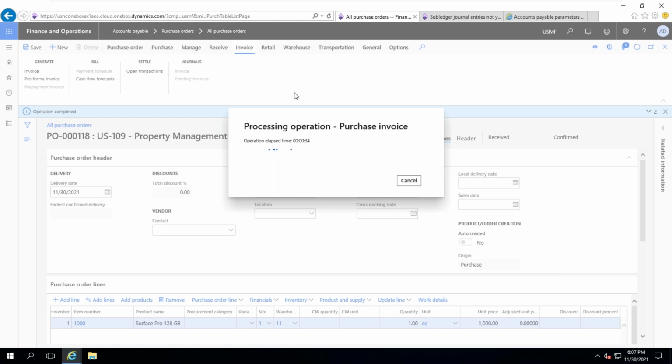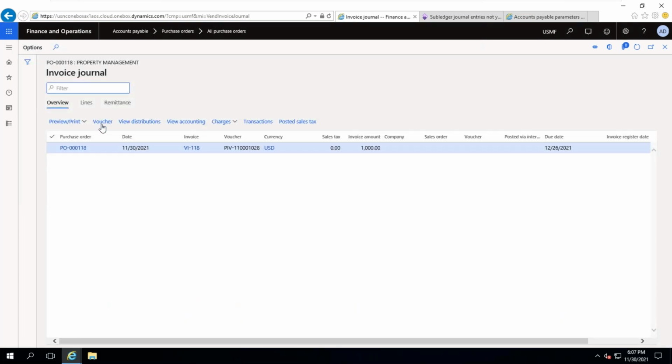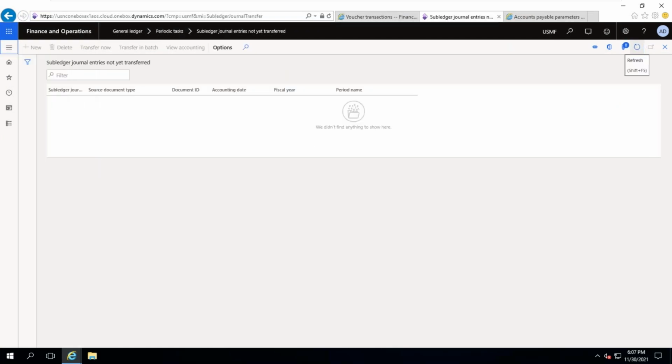This is indirect, sorry, this is direct tax. So if you verify the invoice, if you verify the voucher, it is blank. Let me refresh here and it will be there.